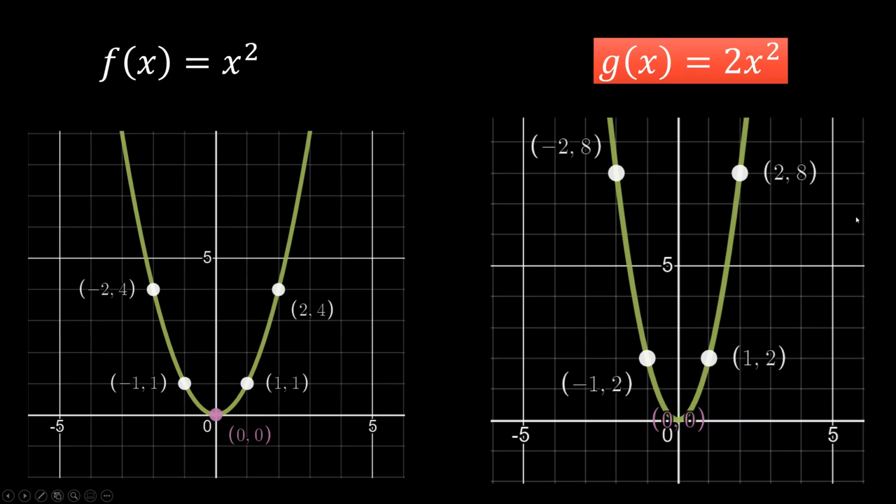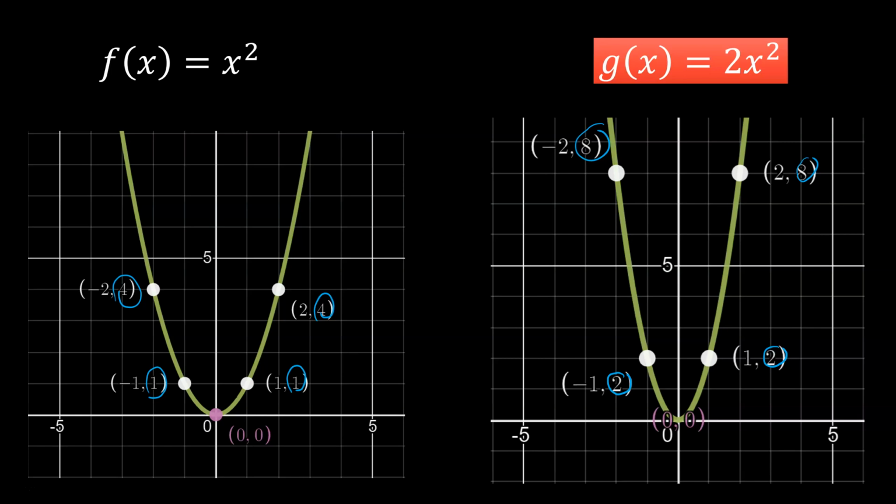If we observe what happened, we can see that the y value is going to be twice as much as the y value of the parent graph. But the x value, however, stays the same.